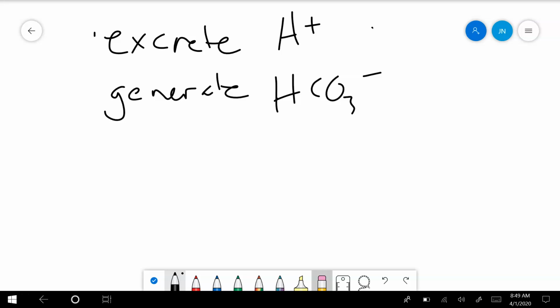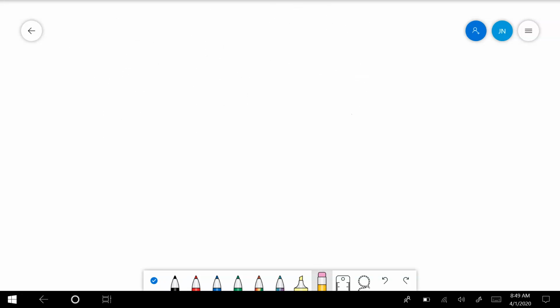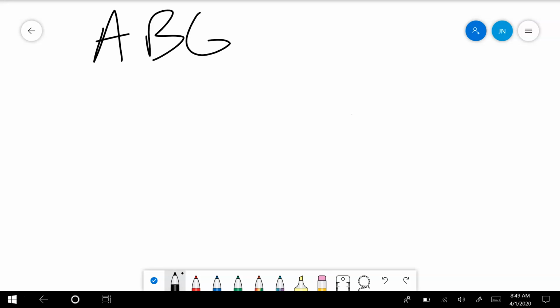So now, one of the things that we talked about before we left was the whole idea of arterial blood gas. And this is really what I would like to review. We've worked through several of these problems. We're concerned with the pH, the bicarbonate, and carbon dioxide.